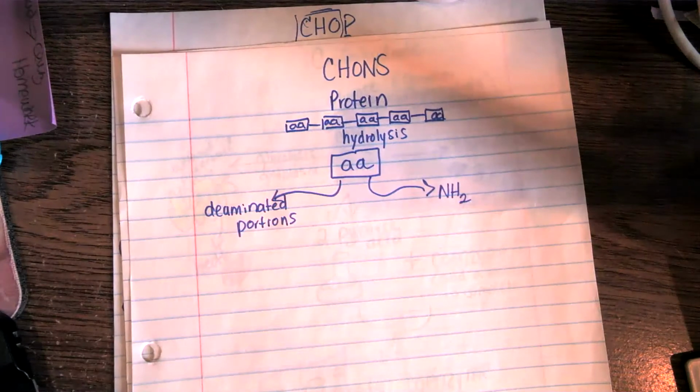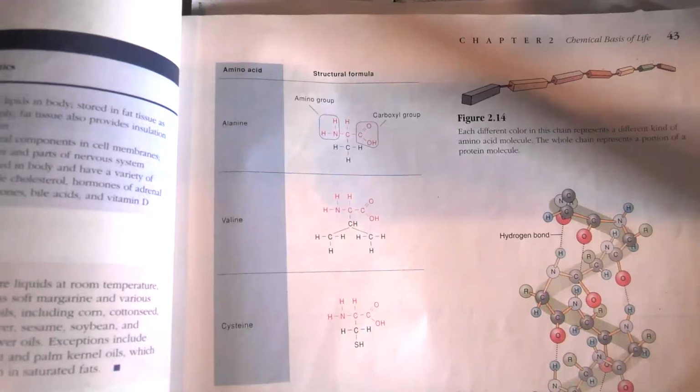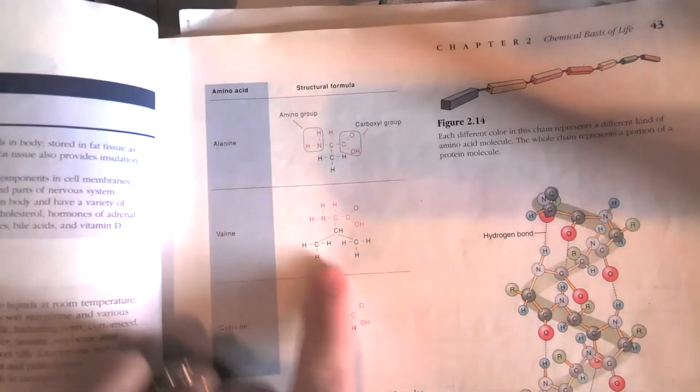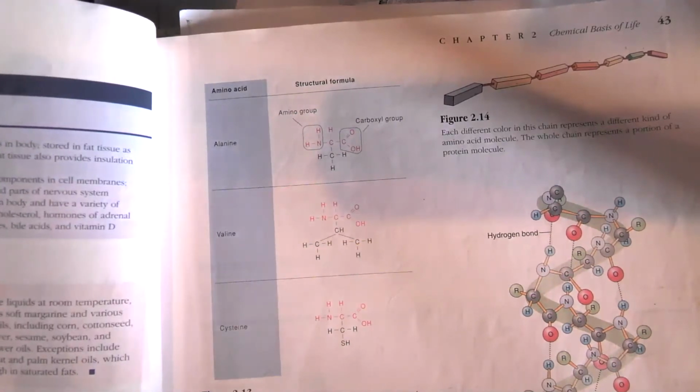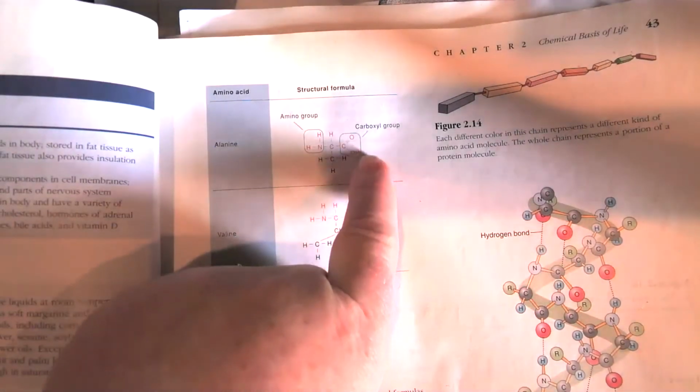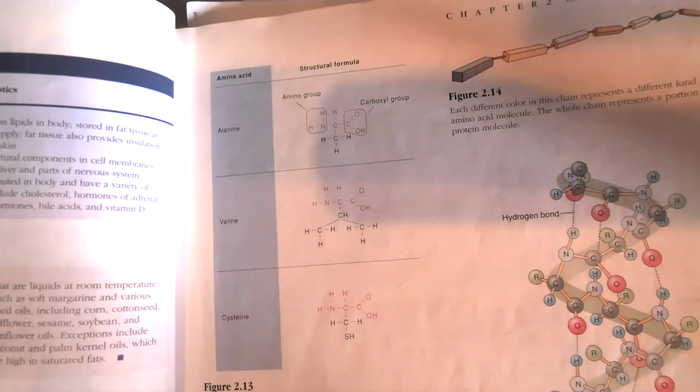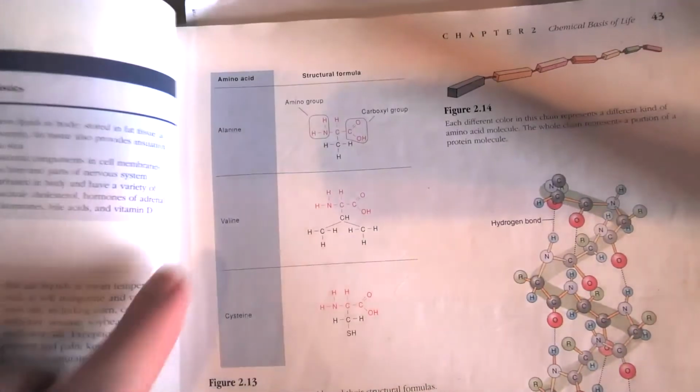So let me go back and show you real quick. Like we're talking about, all those amino acids, like on the amino acid wheel of fun, are very complex as far as the different groups. The amino acid has an amino group on one end and a carboxyl group on the other. So the carboxyl group would be the deaminated portion that we talked about, and the NH2 group would be the other piece.